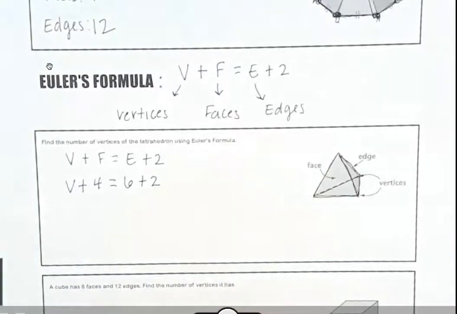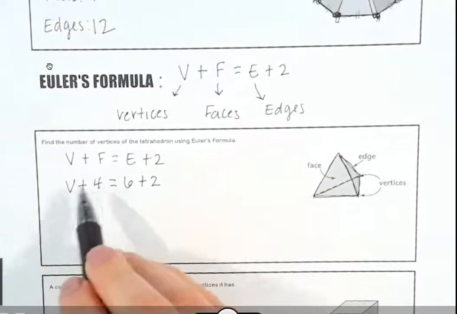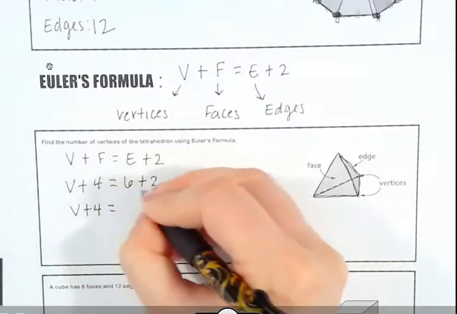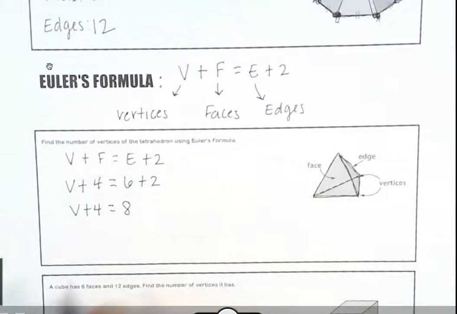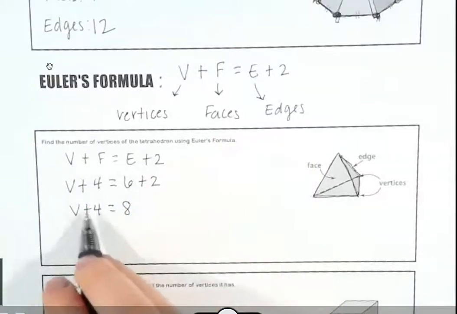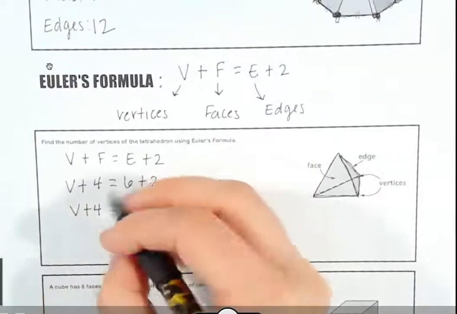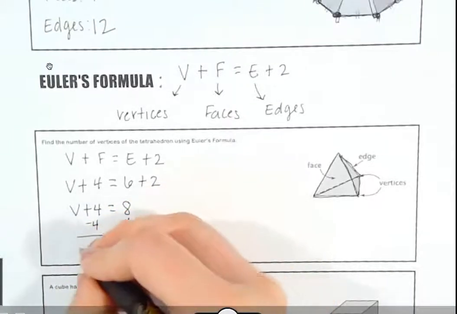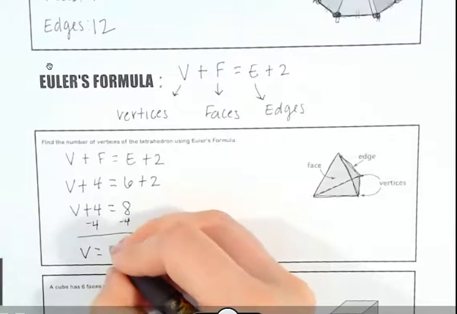And now it's just simple math. We like simple math, right? We can't do anything here, so let's just drop it down. 6 plus 2 is 8. To get V by itself, how do I get rid of plus 4? Subtract 4. So we're going to end up with 8 minus 4 is 4.